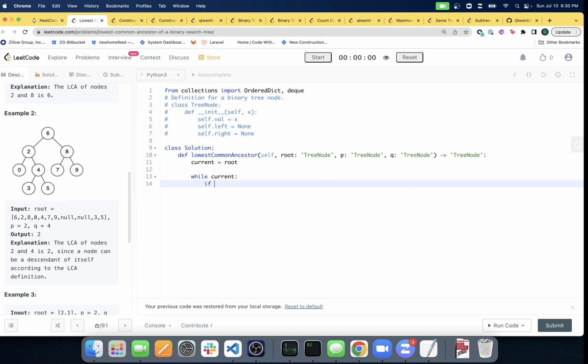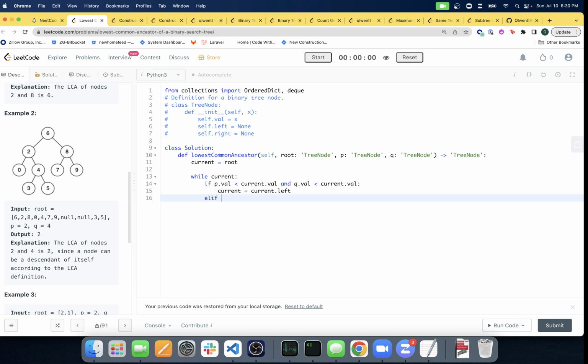So both of our nodes are to the left if p.val is less than current.val and q.val is less than current.val. And that means both are to the left. So that means we're going to make our current equal current.left. So we're going to move to the left.